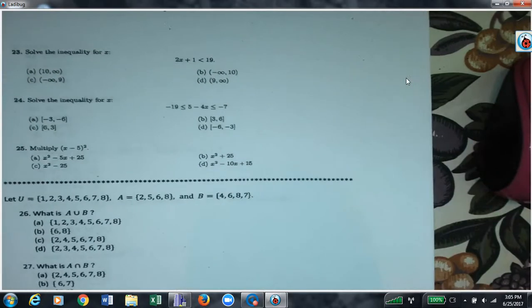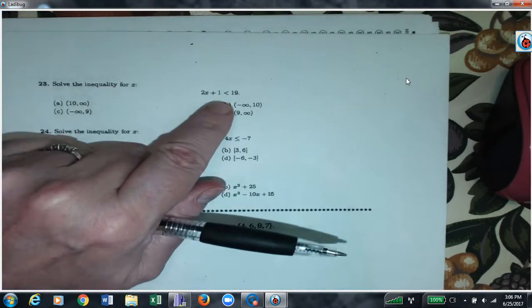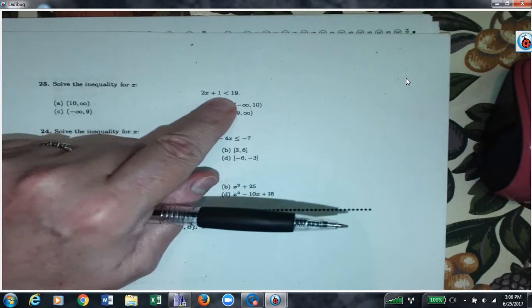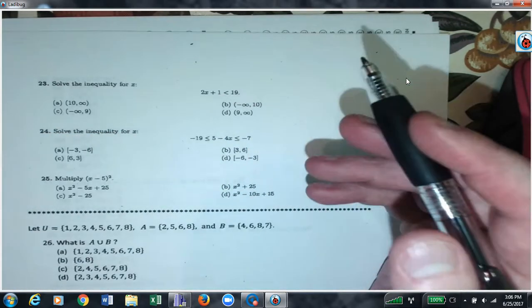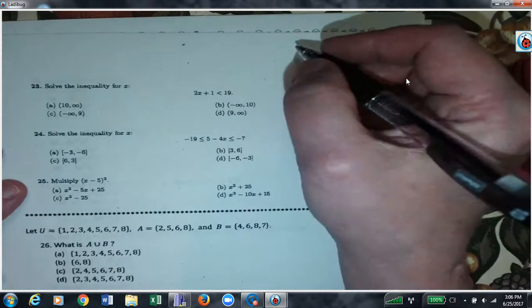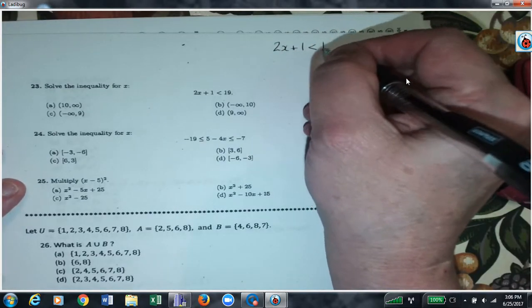Okay, continuing. Let's look at number 23, solving the inequality for x. So we would solve this much the same way as we would do it if there was an equal sign there. The goal is to get x by itself, preferably on the left-hand side.